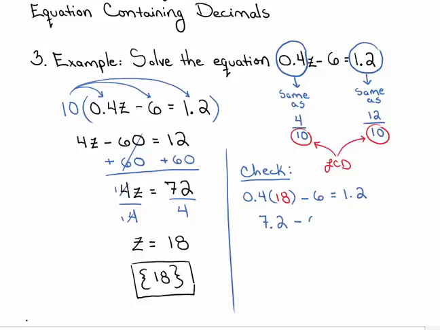All right, 0.4 times 18 is 7.2 minus 6, and we're going to see if this is equal to 1.2. 7.2 minus 6 is 1.2, so 1.2 is equal to 1.2, therefore this checks out. 18 is my actual solution for this equation.